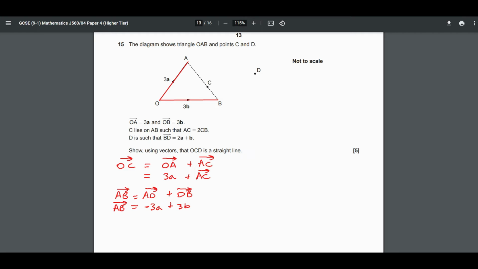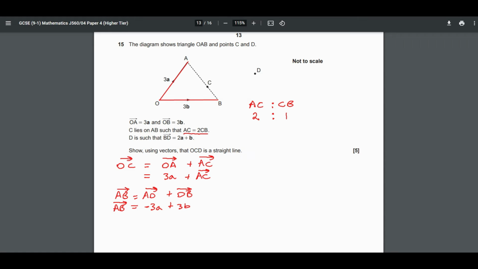So now that we have that, we need to find A to C. And we're told some important information in the question. We're told that C lies on AB such that AC is equal to 2CB. So what does that mean? That basically means that AC is 2 times bigger than CB. So if we have ratios here, we have this being twice as big as CB.